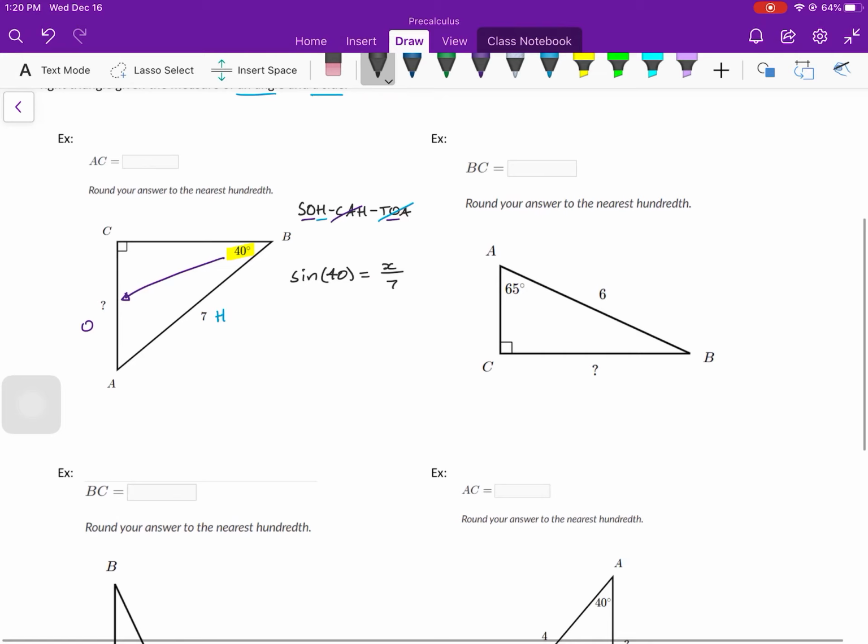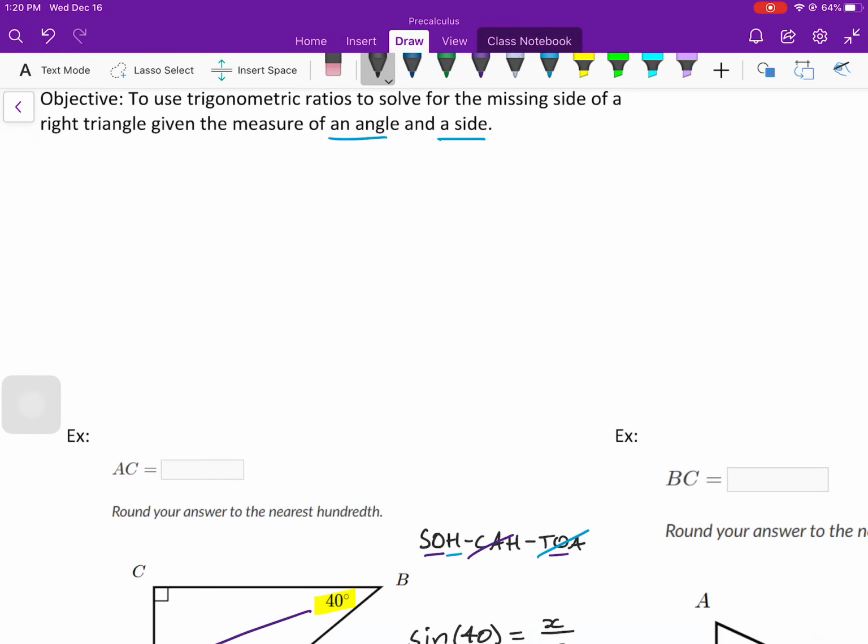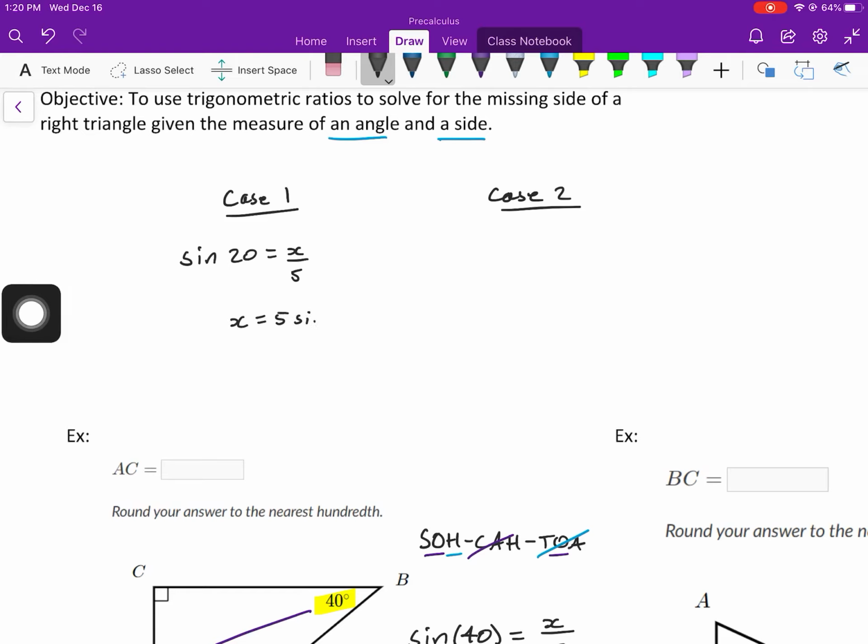Now what you have to realize is there's two different situations we're going to run into, and I want to talk about that right now. And there's actually 3 total. We're going to talk about case 1 and case 2 of solving for x. So if you end up with sine of, let's just say 20 equals x over 5, you're just going to multiply the 5 to the other side and get x equals 5 times sine of 20.